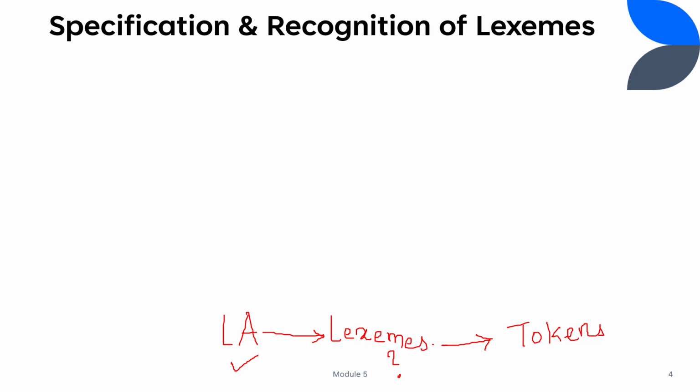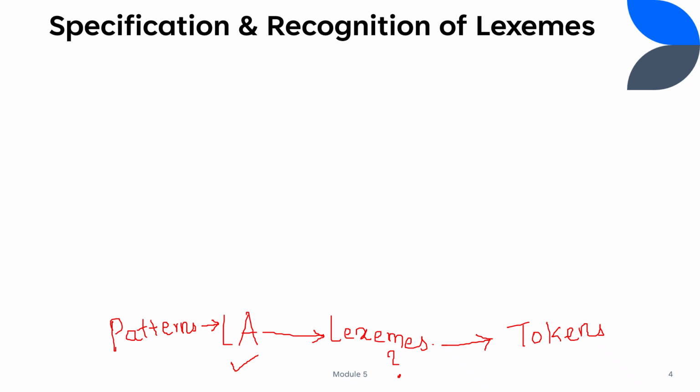We need to provide our lexical analyzer some kind of knowledge using which it will easily identify various types of lexemes, and we provide this knowledge in the form of patterns. Based on some predefined patterns, the lexical analyzer will be able to distinguish the type of lexeme.